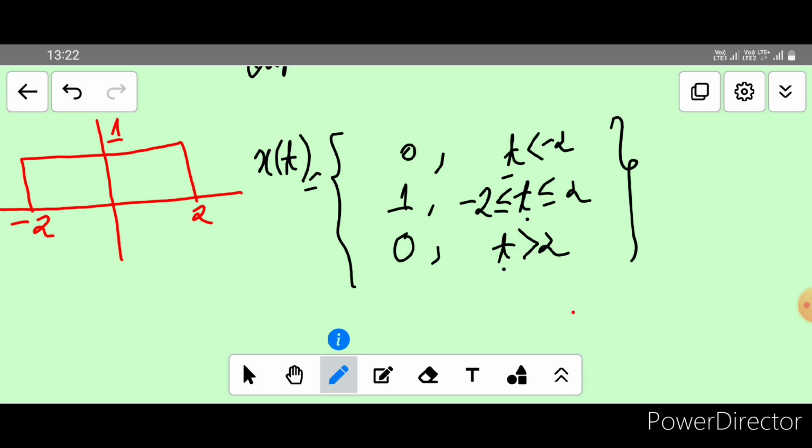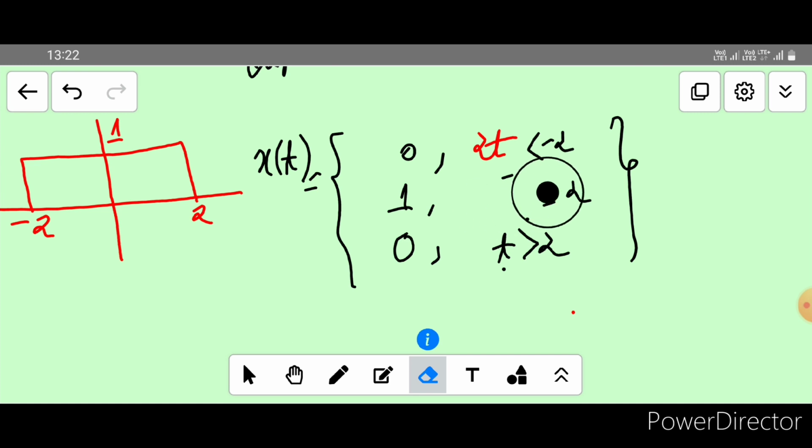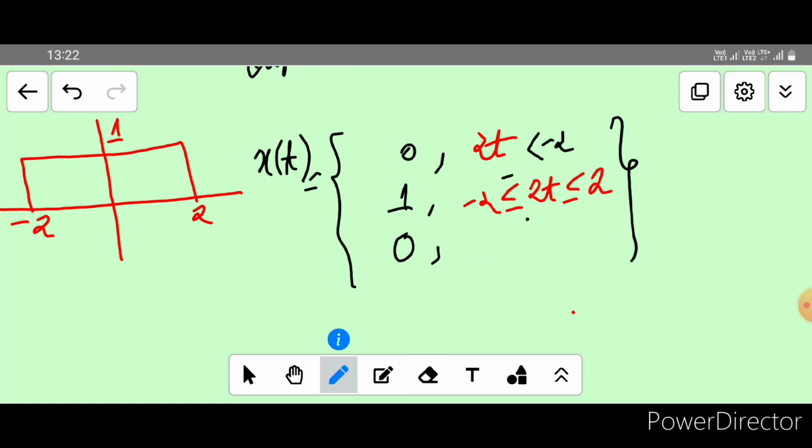So t will now be 2t: minus 2 is less than or equal to 2t is less than or equal to 2, and the last definition will be 2t is greater than 2.